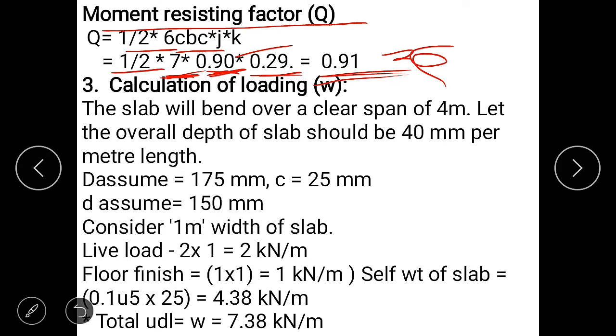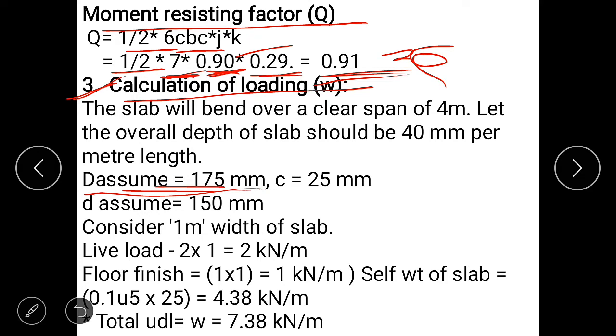0.91. Okay. Now second step, we have to calculate the loading W. The slab will bend over a clear span of 4 meter. Let the overall depth of slab be 40 mm per meter length, so we assume here 175.